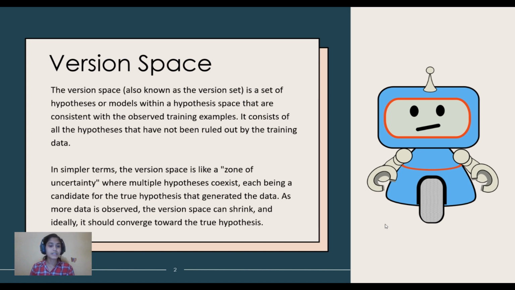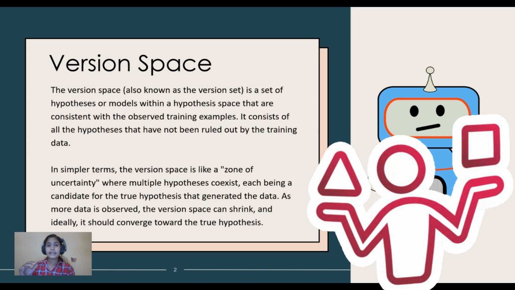In simple terms, the version space is like a zone of uncertainty where multiple hypotheses coexist, each being a candidate for the true hypothesis that generated the data. As more data is observed, the version space can shrink, and ideally it should converge towards the true hypothesis. As we saw in the candidate elimination algorithm, we were shrinking the hypotheses, right?